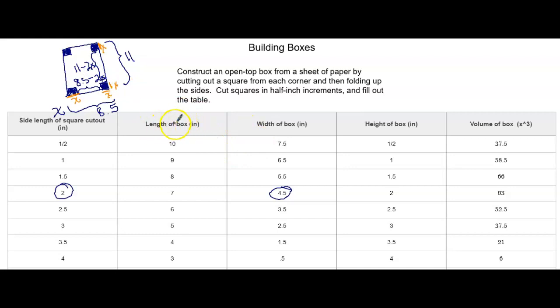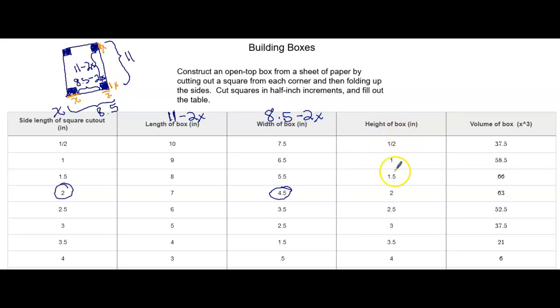So the length of the box is going to be 11 minus 2x, and the width of the box is going to be 8.5 minus 2x.